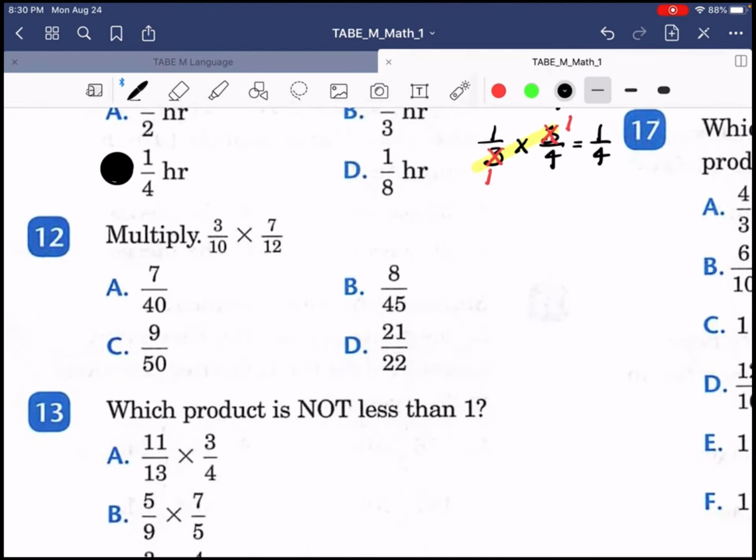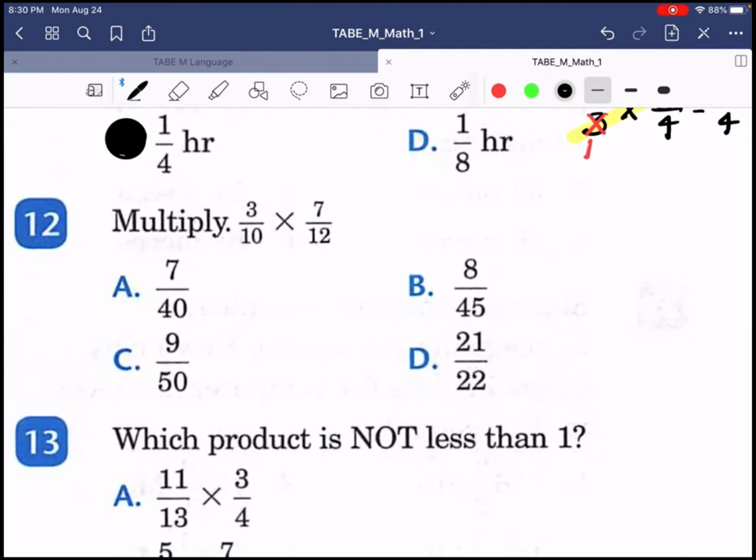And number 12, multiply 3/10 by 7/12. So you can cancel if you want, or you can multiply straight across as I've done here. If you do this, you will have to cancel here. So by 3 we'll reduce into 7/40.